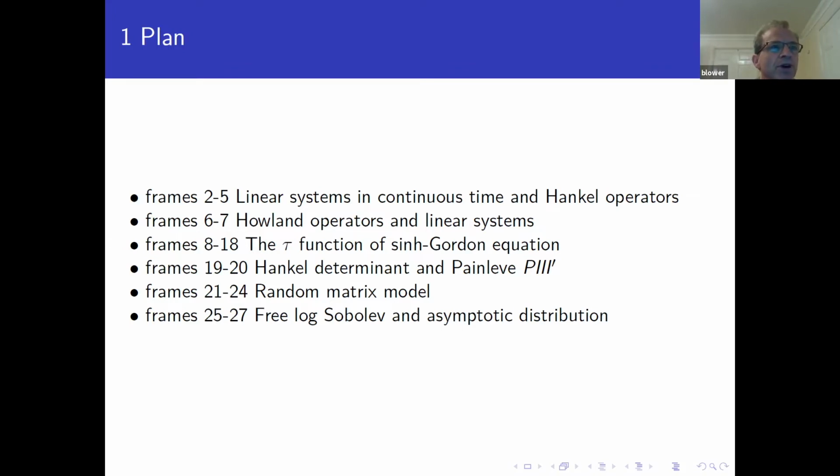Now, much of this work was motivated by or is associated with Tracy-Widom's theory of random matrix models, and I'll describe the connection further on in the talk.